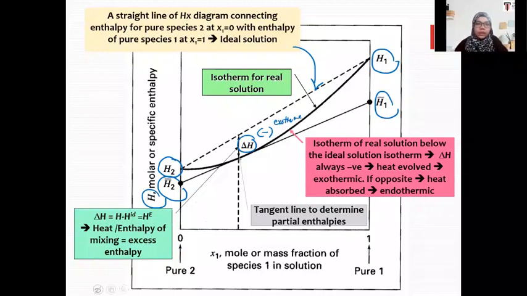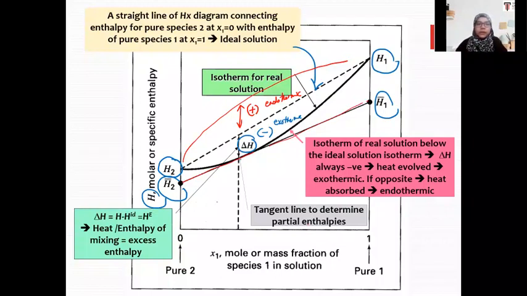If it has the opposite line, with a positive value higher than the ideal line, then it is endothermic, which means heat is absorbed into the system. The tangent line is used to determine the partial enthalpy.